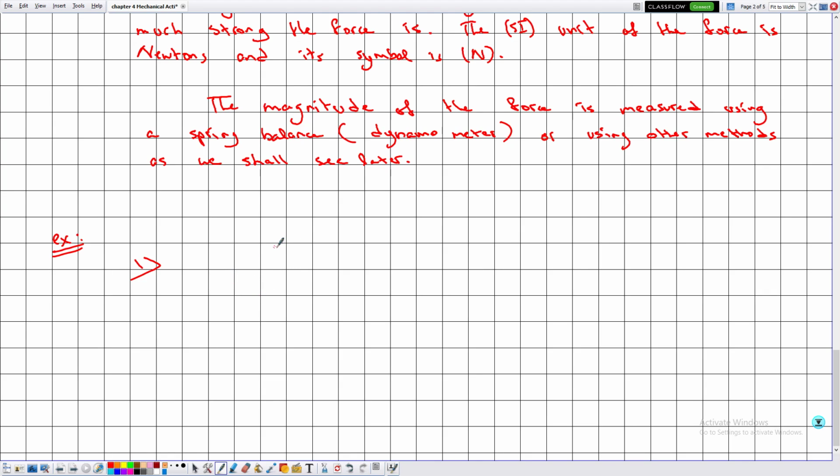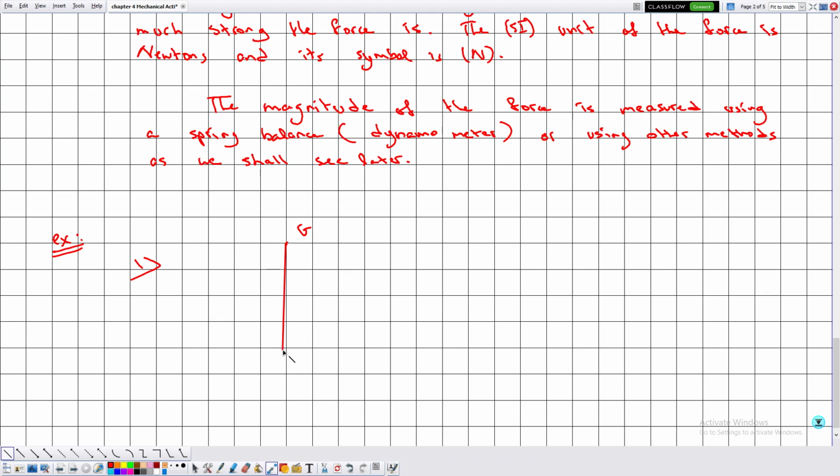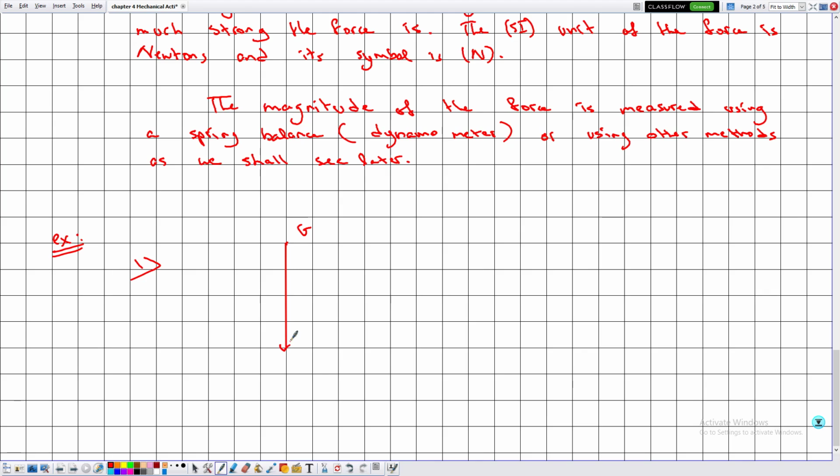So this is the point G, and this is the force W acting at the point G vertically downward, and of magnitude 35 newtons. So here the question is just list the properties of all given forces.